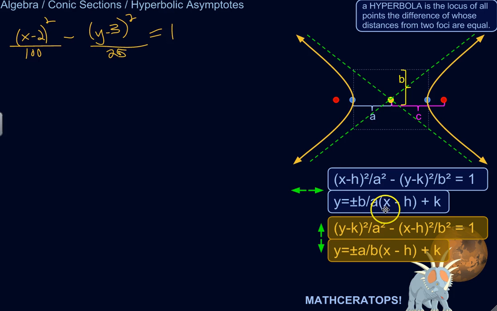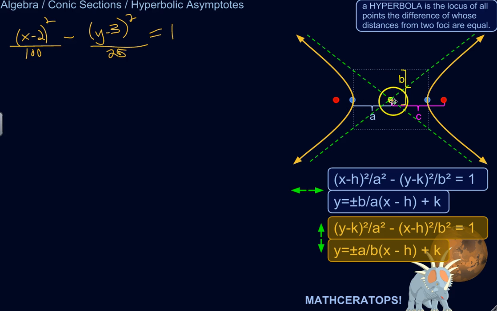It's actually fairly straightforward to find the equations for each of these two lines. For a hyperbola that opens to the left and to the right, like this one pictured above, the standard form equation would be (x minus h) squared over a squared minus (y minus k) squared over b squared equals 1, where h and k represent the coordinates of the center.